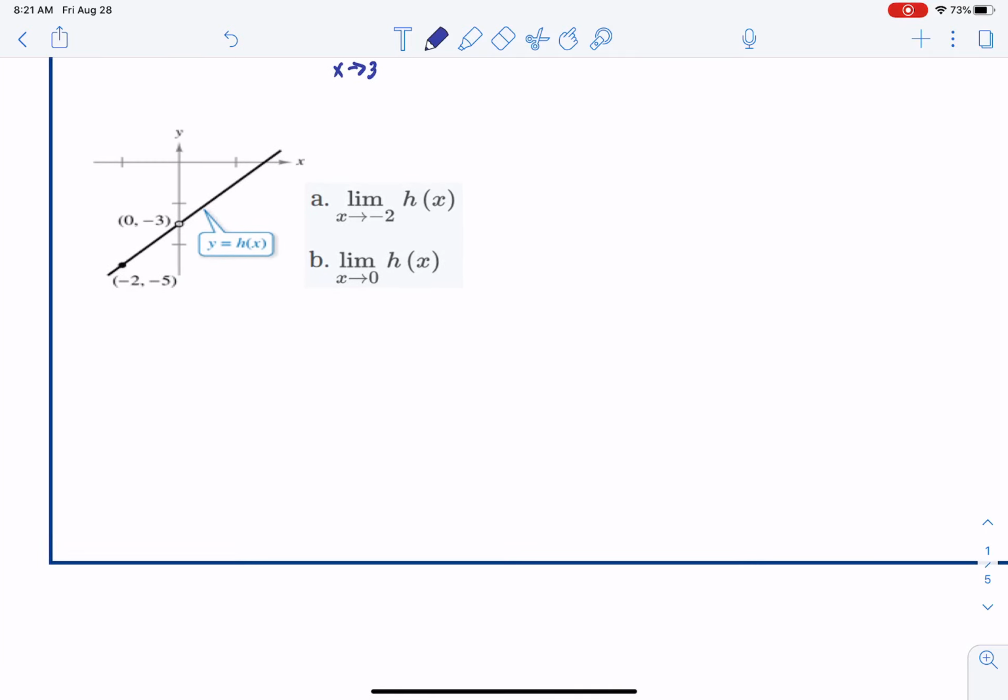In the next graph here, there is a discontinuity. So that open dot indicates a discontinuity. And that is not a discontinuity.